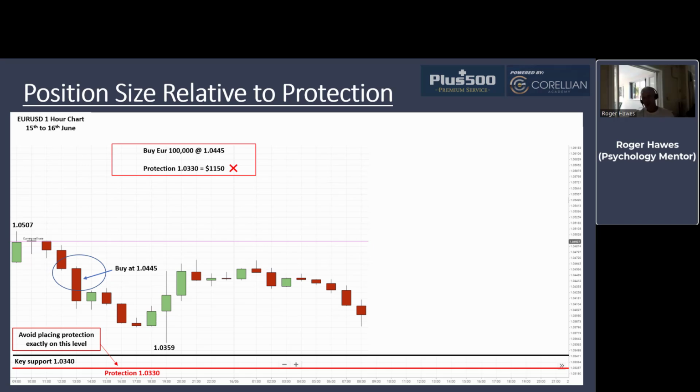Now, here's what lots of traders do. They want to stick with their 100,000 euro position because they think it's big and they want this nice size in the market. So what they actually do is put their stop loss at a point where they only lose $400. And as we see here, that will be at 104.05.